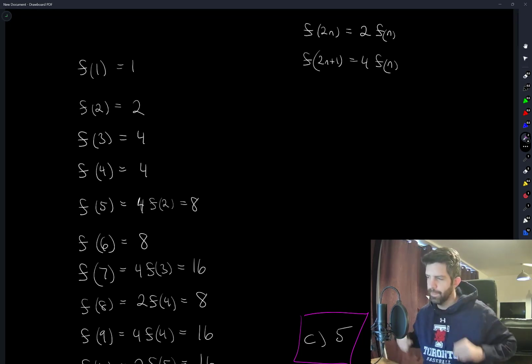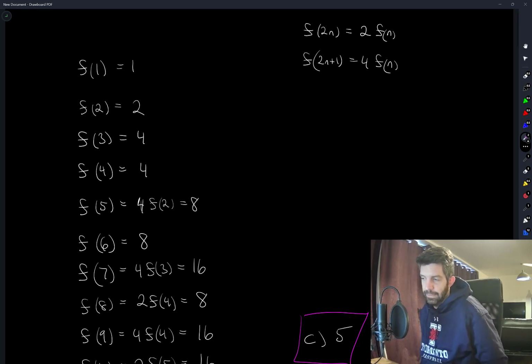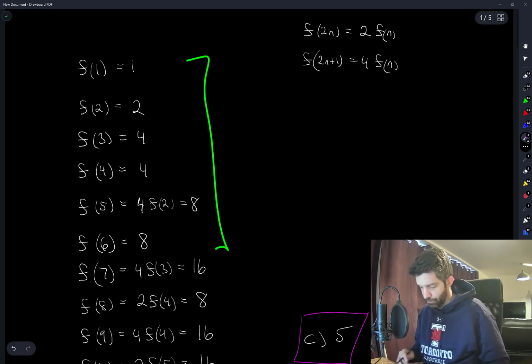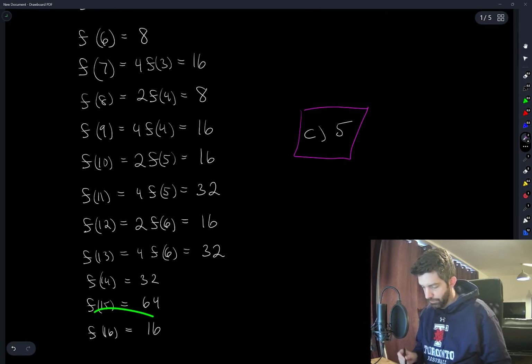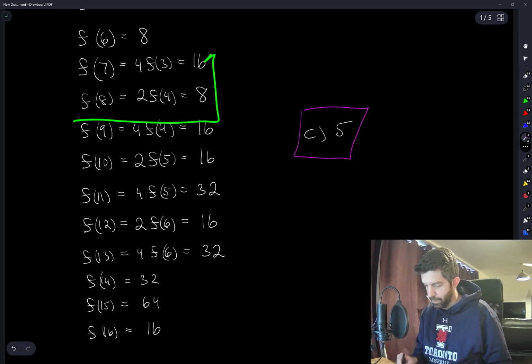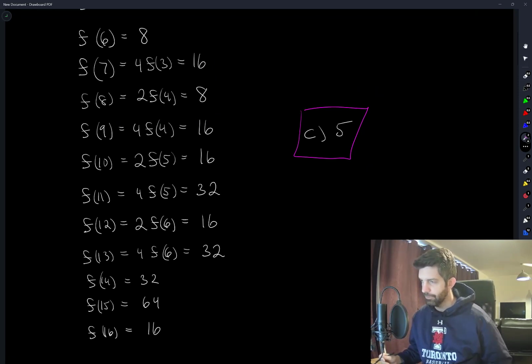I'm not sure what a more elegant way of doing this is, other than just filling in this list and realizing that once you get to here, you can stop, because you're never going to look back at this part of the list again. Yeah, so 5 values of n that give us f of n equals 16.